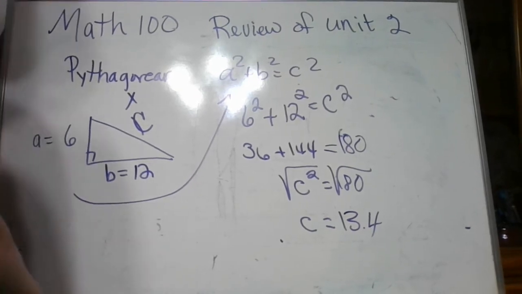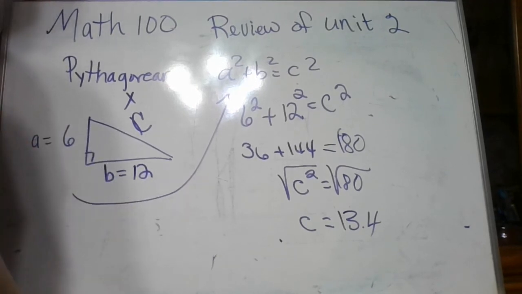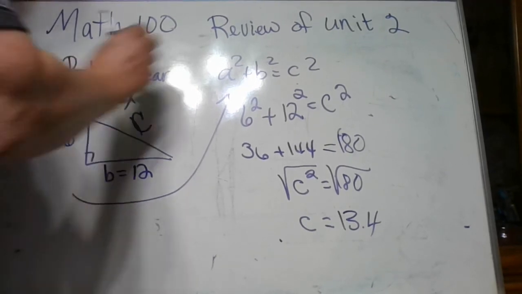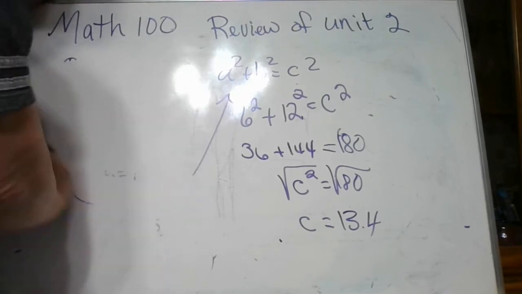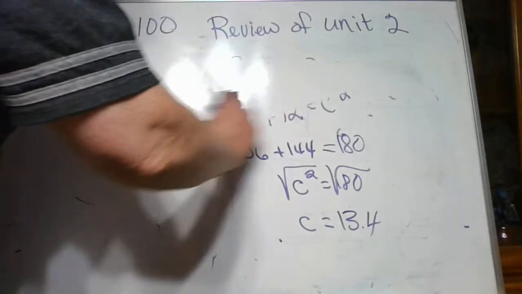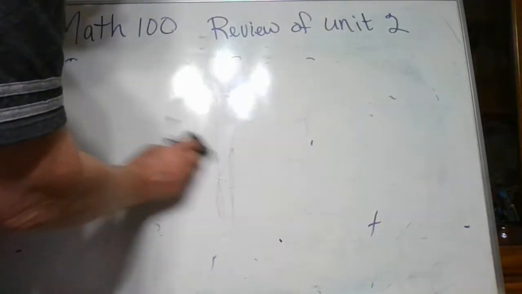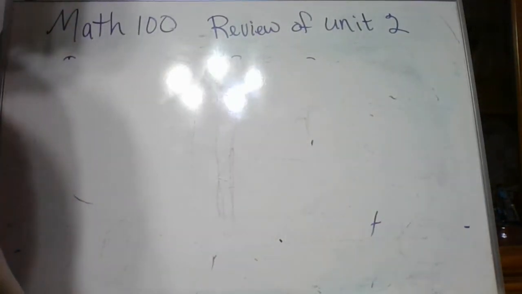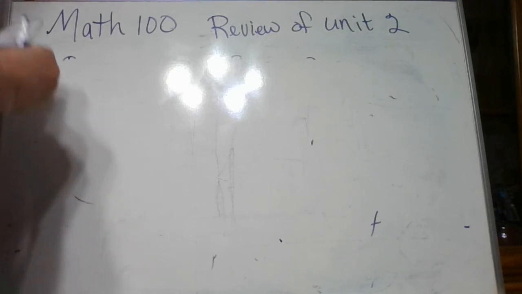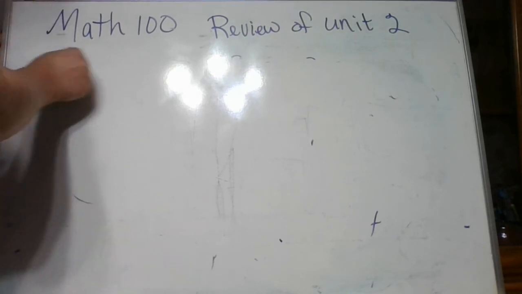Okay, now, the other thing that you're going to have to know, and we talked about this some the last night of class, was ratios. Ratios is simply comparing two numbers in fractions.